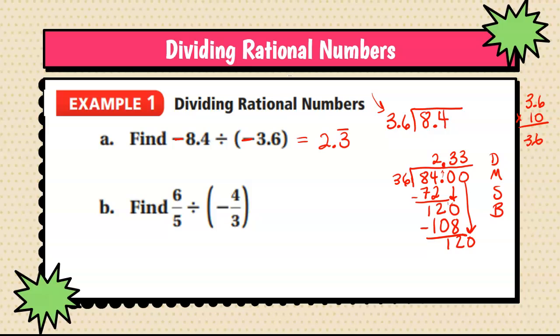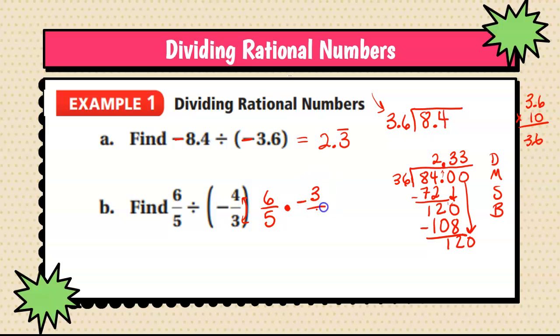All right, and then our second problem is a division problem that involves fractions. For my division problem involving fractions, I am going to write my first fraction, 6/5, and I'm going to rewrite this as a multiplication problem using the inverse of my second fraction, or the flip of my second fraction.